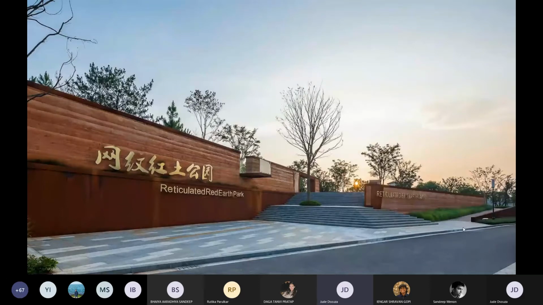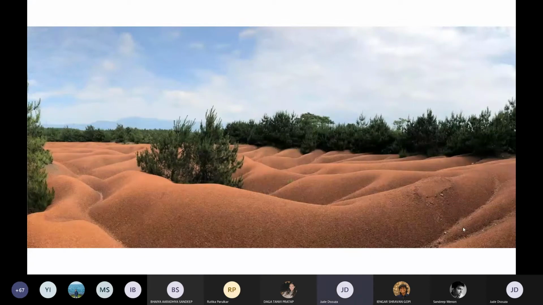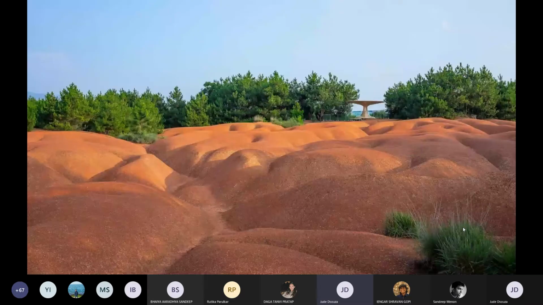And this is actually the natural landscape, these almost lunar kind of landscapes, and the green in between. The interventions are actually these little lookout points.